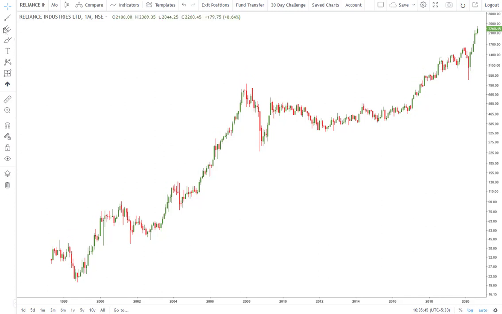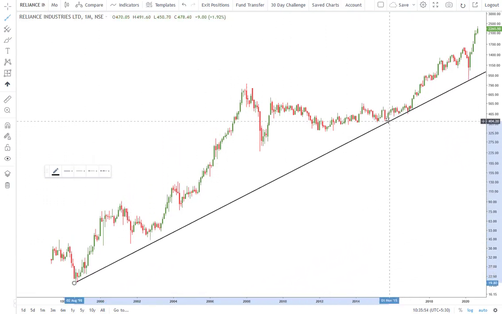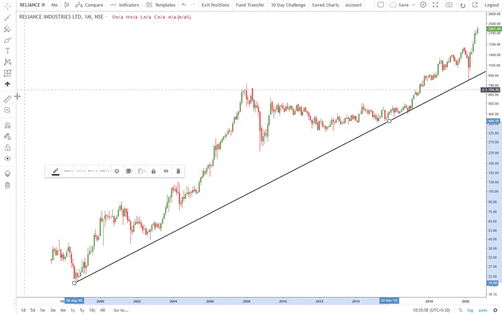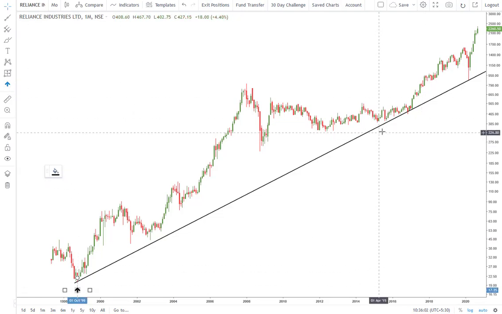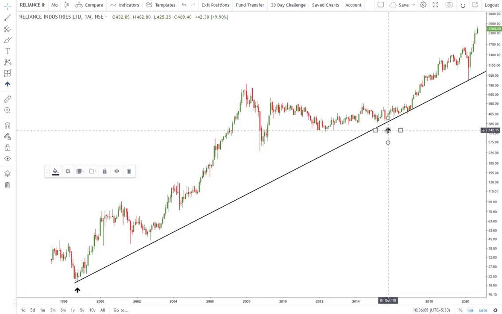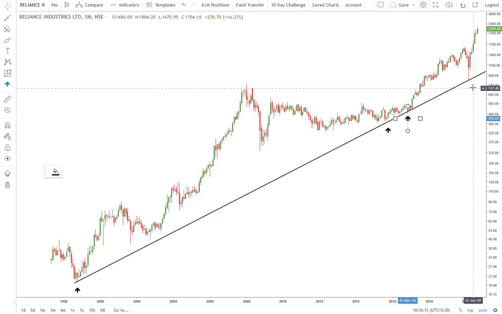Let me just select the trend line icon over here and draw it from the lows of 1998 and extend it forwards, connecting important lows. So as you see, this trend line is drawn from the 1998 lows and it connects a few low points over here. Observe how well this trend line acted as a support earlier this year.